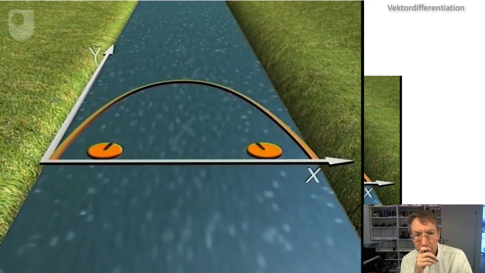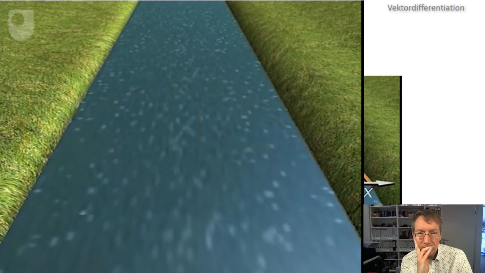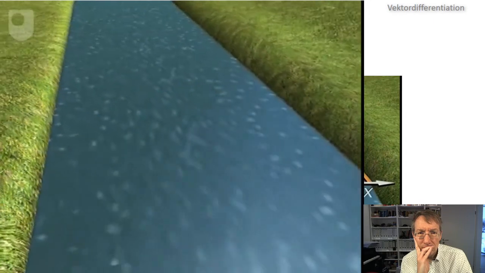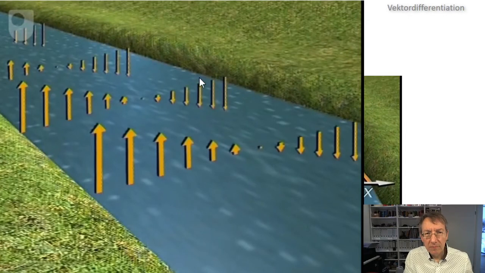So what's the rotation midstream? Well, midstream there's no rotation. In other words, curl v equals 0. The vector field showing curl v for the whole river looks like this. Everywhere, curl v is perpendicular to the velocity field v.